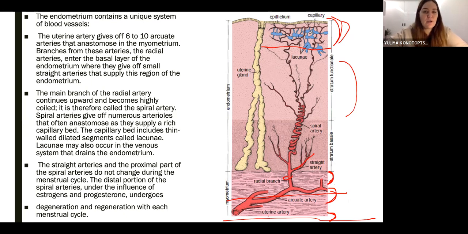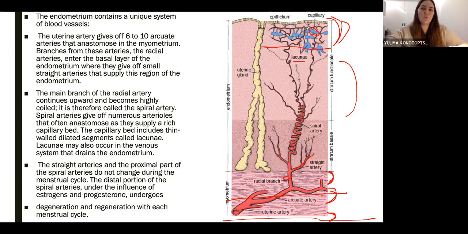The capillaries here are quite special because they possess a dilation of some sort. They possess an additional dilation, and this additional dilation is called lacuna. You can think about lacunas as lakes of blood, like additional lakes of blood.